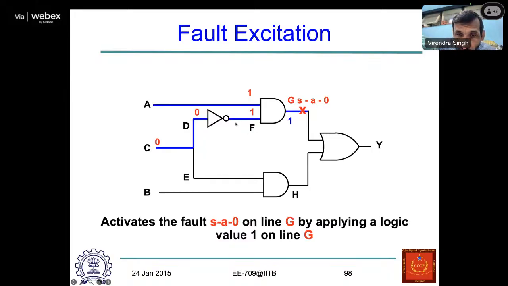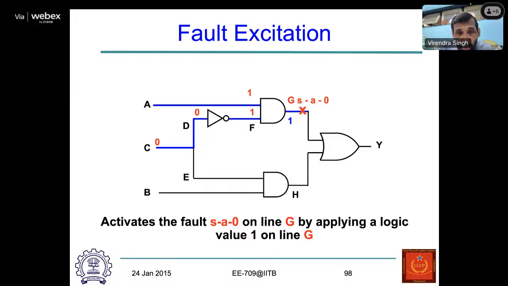G stuck at 0, what I want is that the inputs of this AND gate must be 1 1. Only in that case can I produce 1 at the output. One of the inputs is connected to A, so I can apply it directly from the primary input, but the other input F is in the middle of the circuit, and I cannot apply an arbitrary value there.